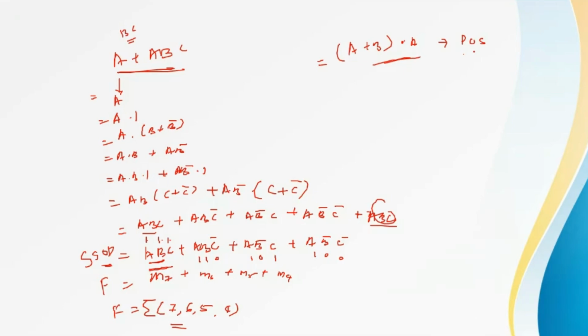After taking 0, that 0 is written as B plus B bar, no? That second part, A, we are writing as A plus 0, right?